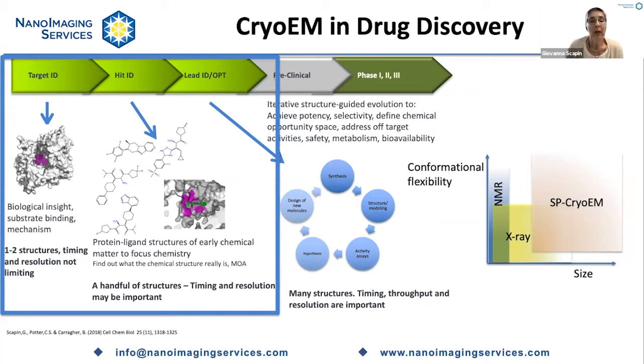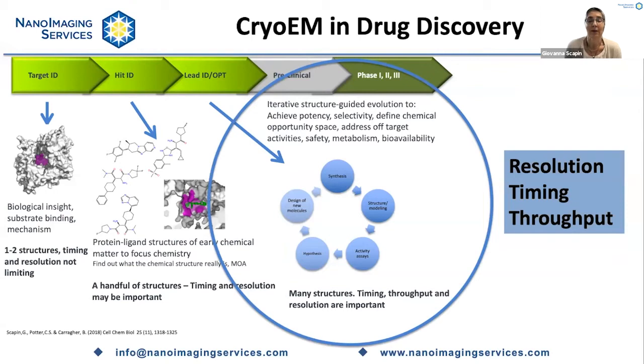What we want to do now is to move to this third step, which is the lead optimization, and it's more of a medicinal chemistry realm at the moment, right? So we want to be able to provide structural support using cryoEM for real structure-based drug design.